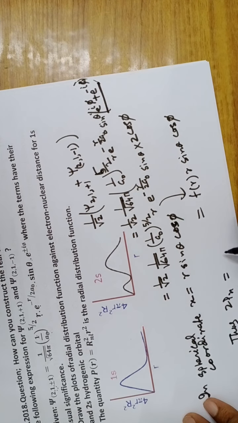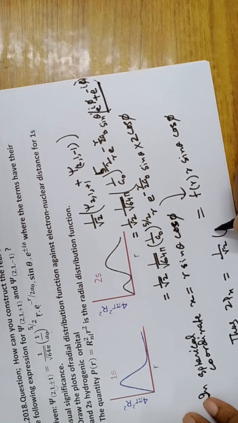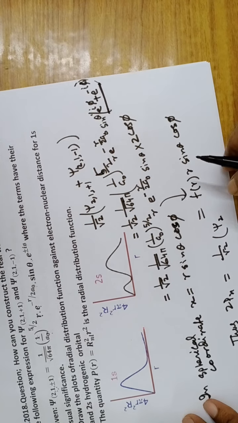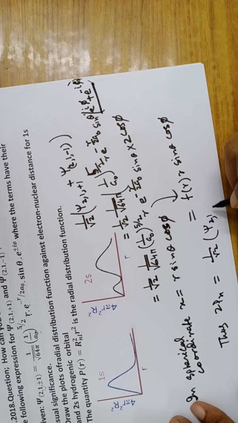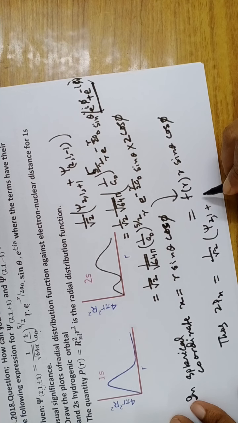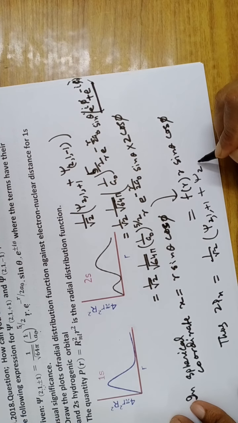2px equal to 1 by root 2 (psi 2,1,+1 plus psi 2,1,-1).